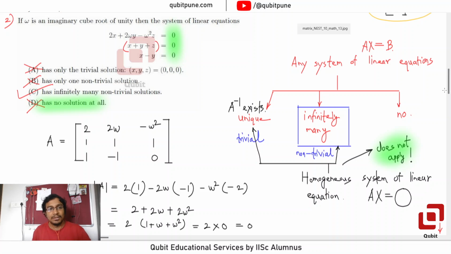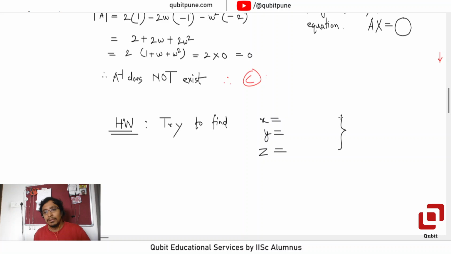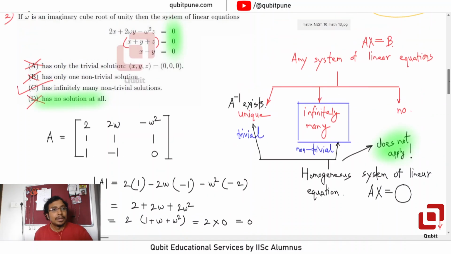What do you suggest? I think we go to the next one. Okay, so maybe you can try that. What is the homework? Try to find x equal to y equal to z equal to, in terms of some parameter lambda. कई बार 2 पैरामीटर्स भी आते हैं, वो चेक करो. ठीक है. ऑलराइट.